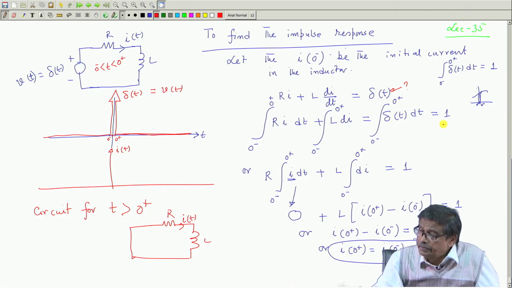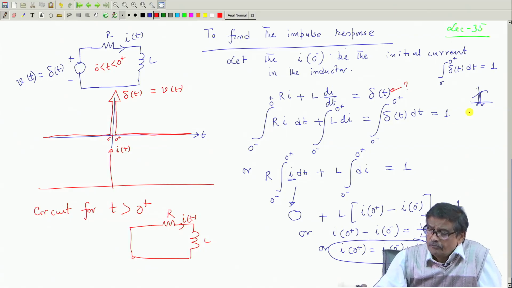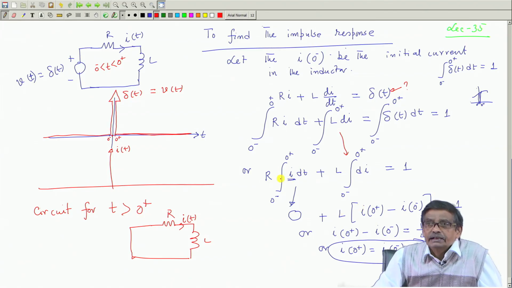Then the right hand side becomes finite, a bit comfortable situation now, and the left hand side has got two terms. One term is L d I; if you integrate, it will be I 0 plus minus I 0 minus into L. And the other term is the integral of the current response over the small time interval.